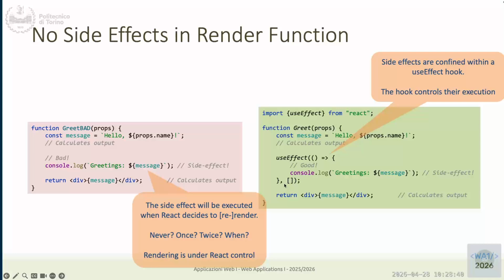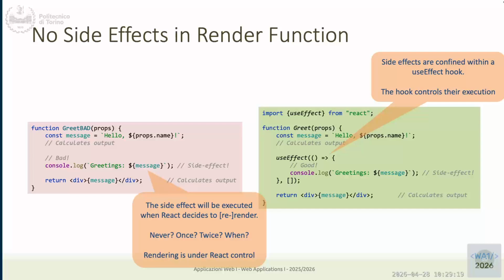Say, okay, this operation that I want to do right now, I know that it will affect something outside the component itself, so it should be wrapped into useEffect. So basically, the useEffect hook can be seen as a function that contains a callback, and when this callback is run, it can do whatever it wants, including side effects, because it will be run at a moment where the whole render tree is stable.